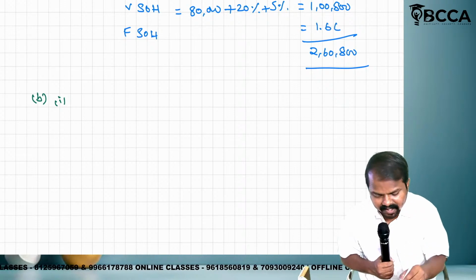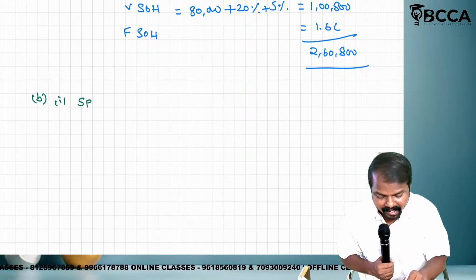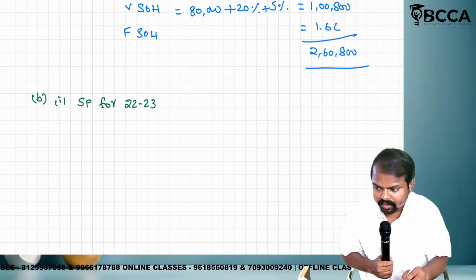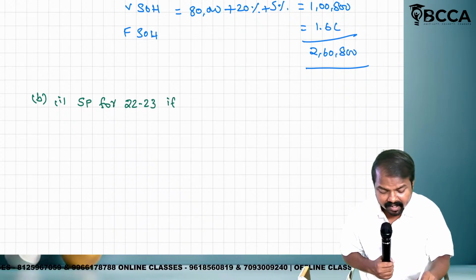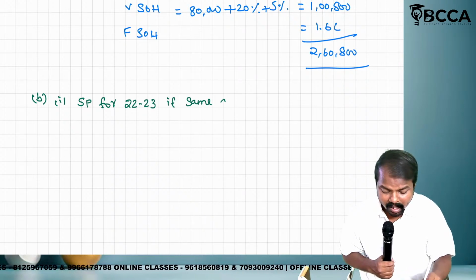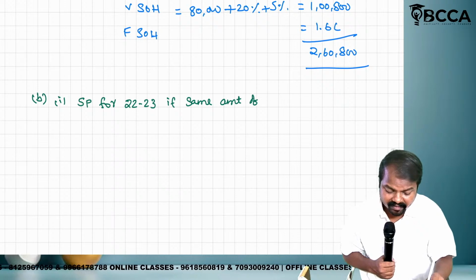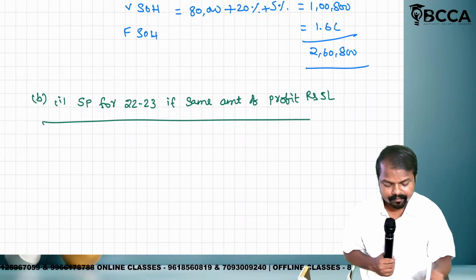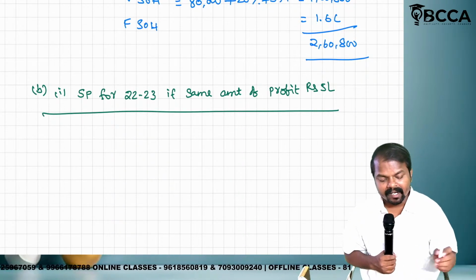What are they asking? Selling price for which year? 22-23. If the same amount of profit, how much? Rupees 5 lakh. Correct?